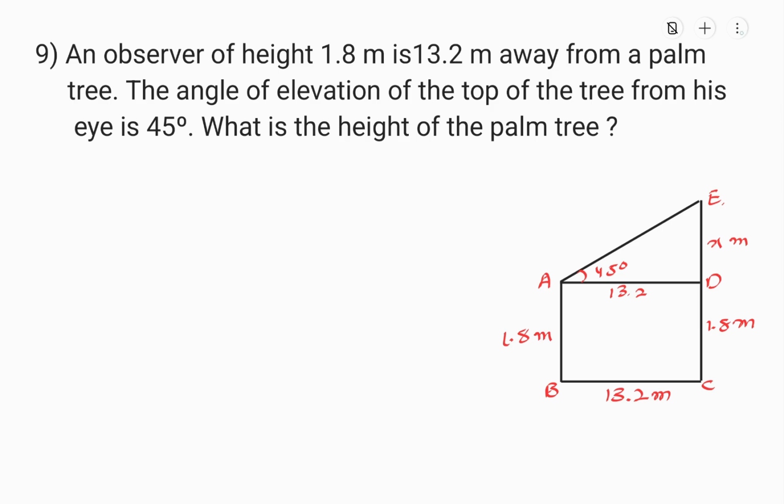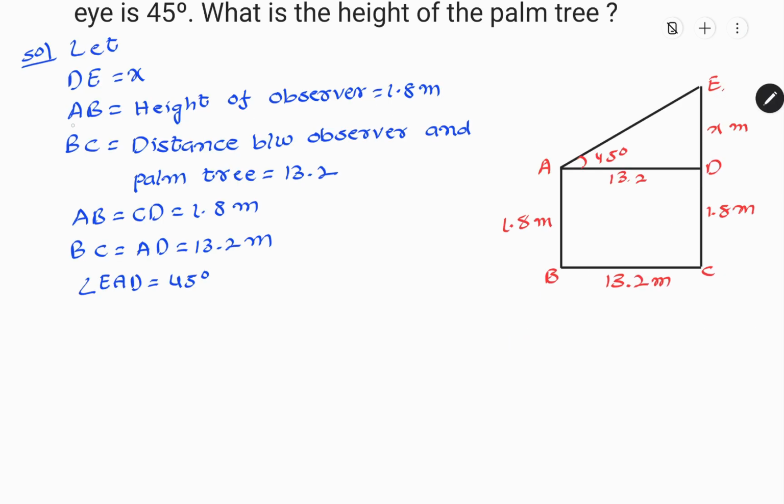Now write the given data. Let DE is equal to x, AB is equal to height of the observer is 1.8 meter and BC is equal to distance between the observer and palm tree is 13.2. Here AB is equal to CD is equal to 1.8 meters and BC is equal to AD is equal to 13.2 meters. Here angle EAD is equal to 45 degrees.